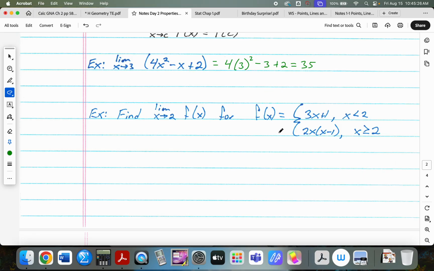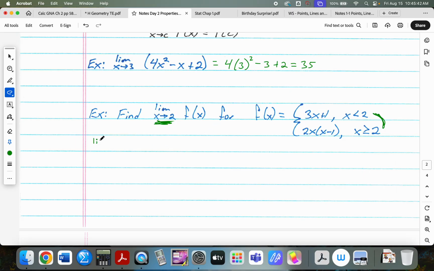For this next one, since we have a piecewise function and we're looking for the limit as x approaches 2, and that's where the two pieces start and stop, we need to look at the limit from the left and the limit from the right.